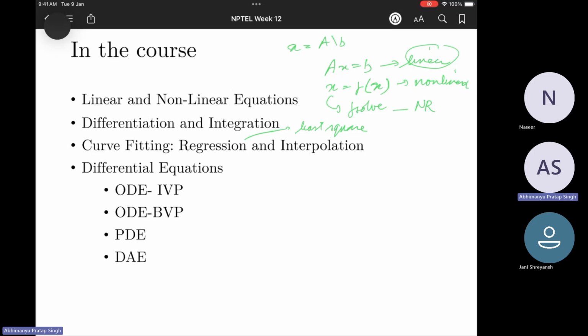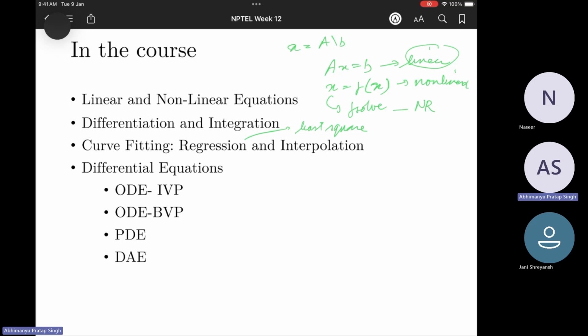We first wrote our own code for least square. Then we also saw lsqnonlin, which solves the least square problem for a nonlinear regression problem. Then we saw interpolation, where we saw the pchip and spline functions of MATLAB.